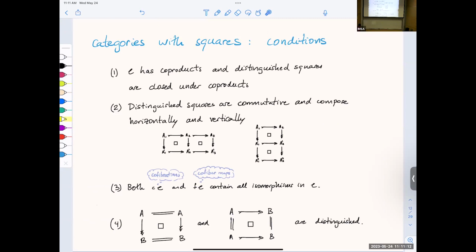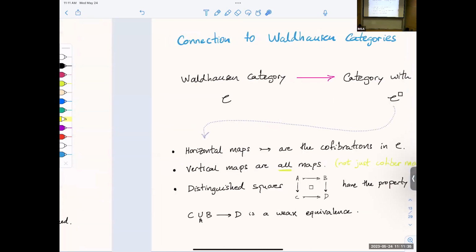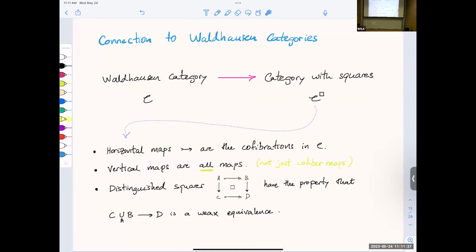Right, so this is a very interesting categorical framework that actually connects with the notion of Waldhausen categories. If I give you a Waldhausen category, then we can give you a category with squares. The horizontal maps are going to be the co-fibrations in the Waldhausen category. The vertical maps are allowed to be all maps, not just co-fiber maps.